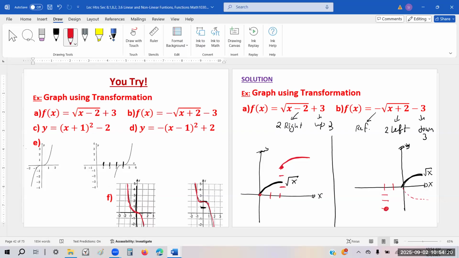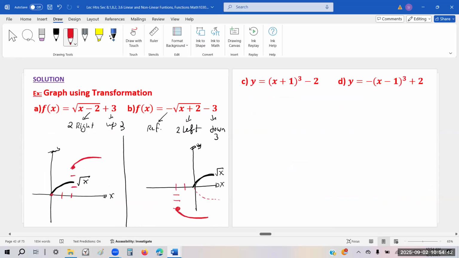So stop, and then you draw your graph again. The original one, the reflection. Who got B?